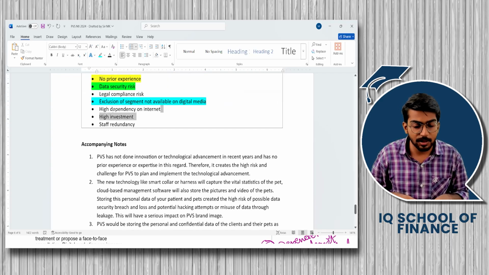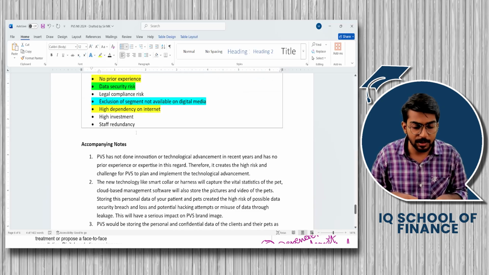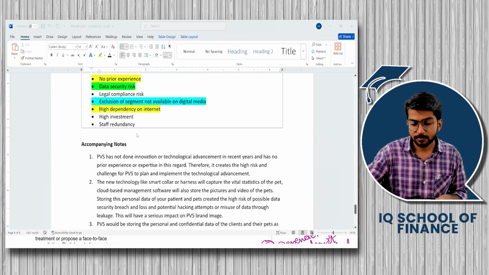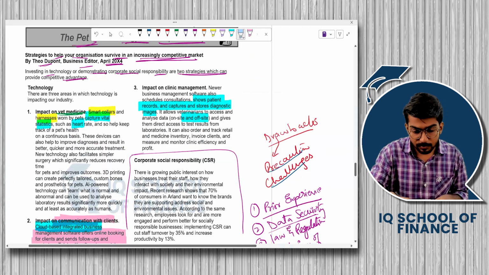High dependency on the internet. Let me just show you why I have written this point. Here comes the reason. It allows veterinarians to access and analyze data on the on-site and off-site direct result.